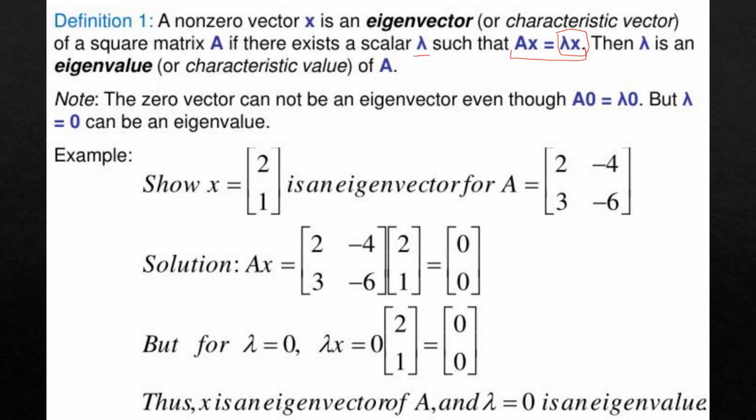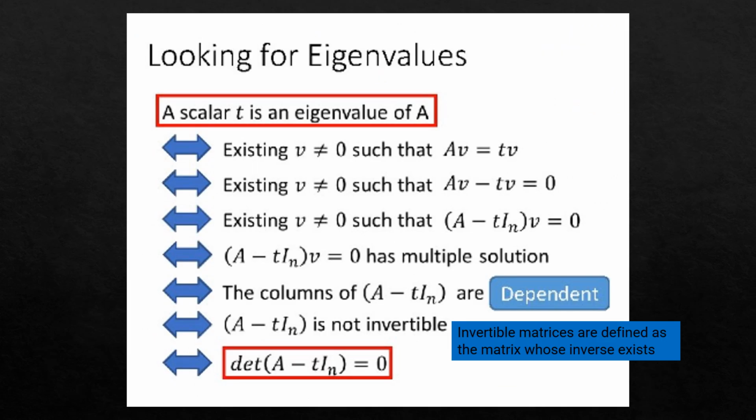So I can have some value of eigenvector even if I have lambda as 0. We'll do this in a later example. Now we'll see the properties of eigenvalues.